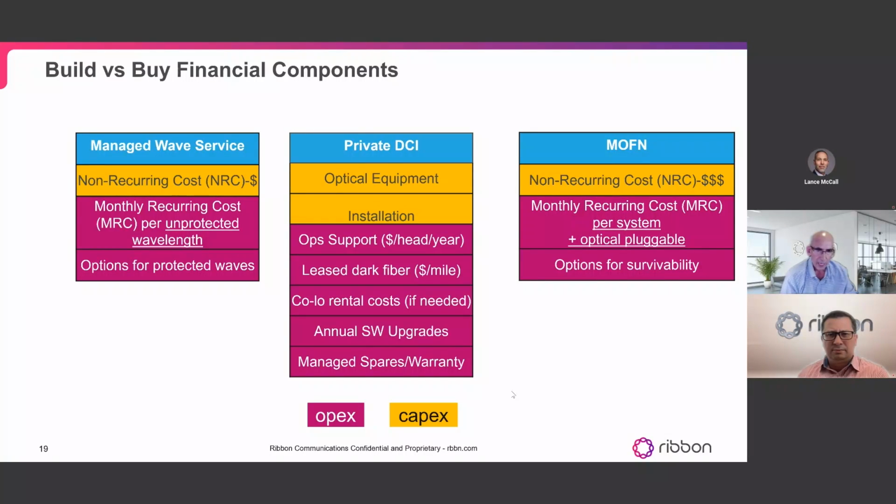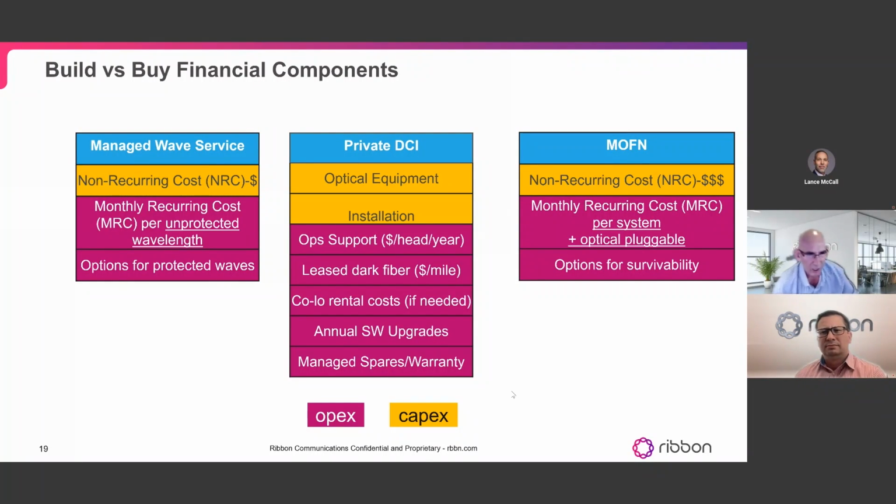I've separated this: everything in orange is a CapEx or upfront cost, and everything in purplish is an OpEx cost. So managed wave on the left is pretty simple. You pay what they call a non-recurring cost, an NRC, which is the term used by service providers.